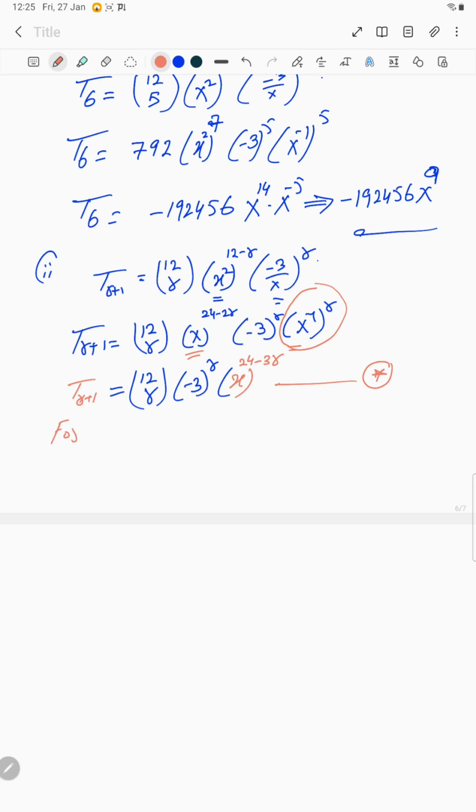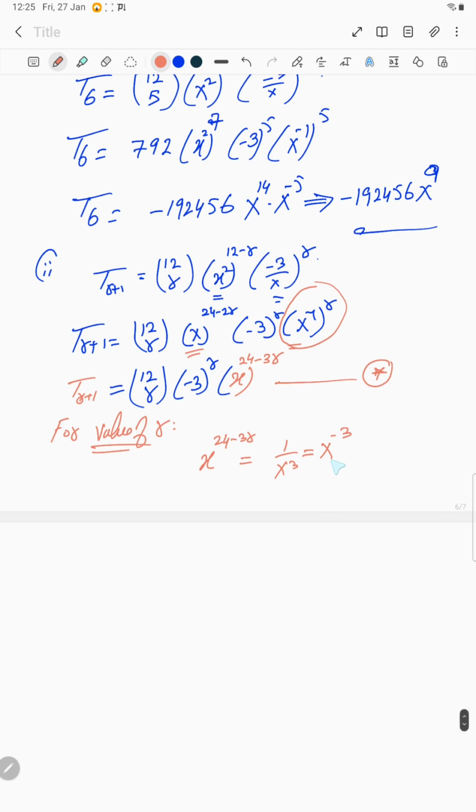So for the value of r, here we have x power 24 minus 3r equal to 1 over x3. That means x power minus 3. Okay, bases are same on either side of the equality, so you can compare the power. 24 minus 3r equal to minus 3.